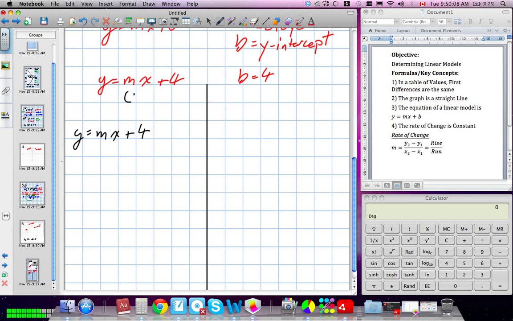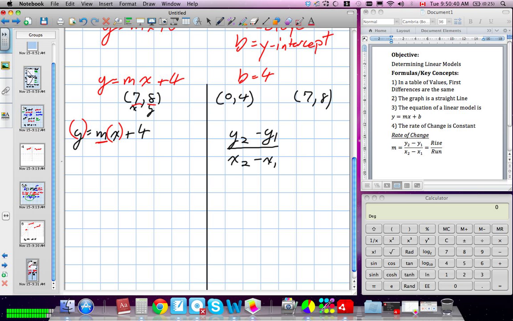I'm going to replace the x and the y in the equation with those two numbers and then isolate for slope, our m. The other way we could have done this is we have our two coordinates. One is at 0 and 4. The other, again, is at 7 and 8. And we can use our slope formula, which is y2 subtract y1, divided by x2 subtract x1. Both of these will work to find our slope.